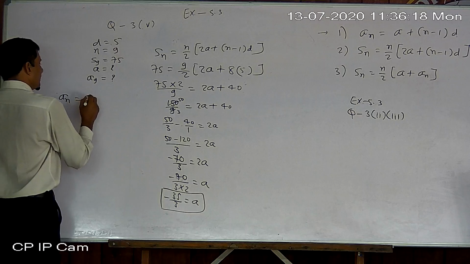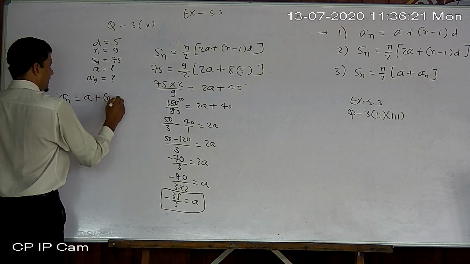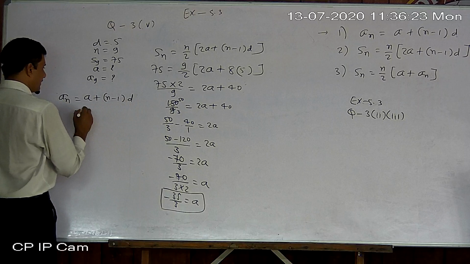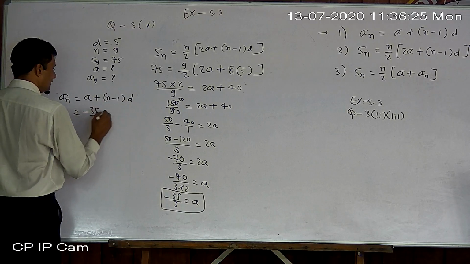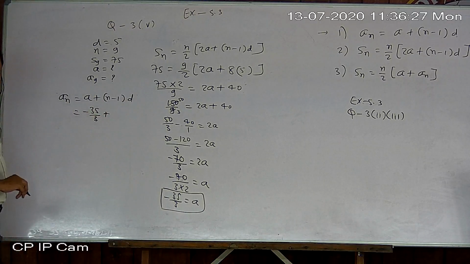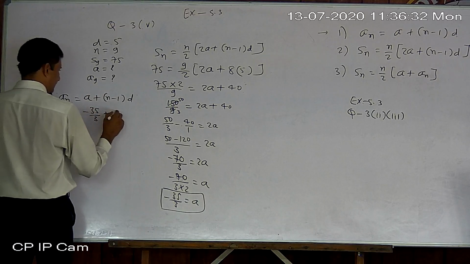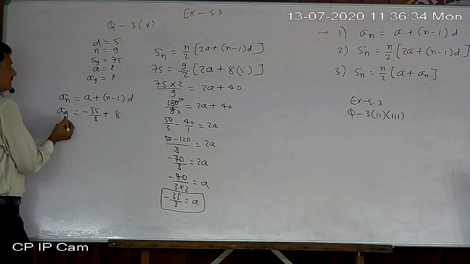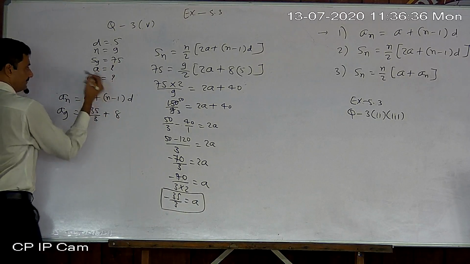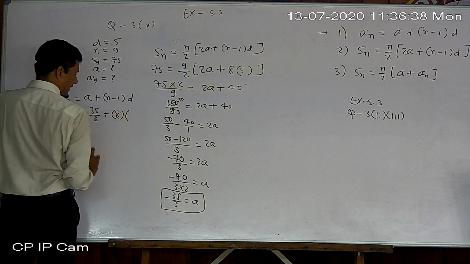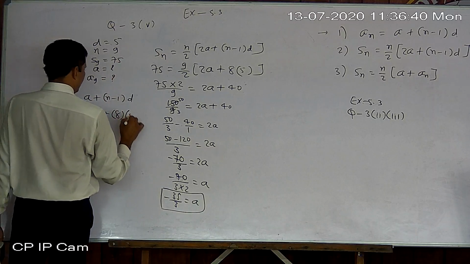An is equal to A plus n minus 1 into D. So A we got minus 35 by 3 plus n minus 1. N minus 1 means 9 minus 1, which is 8, because n is already 9 here. And into D. D is given 5.